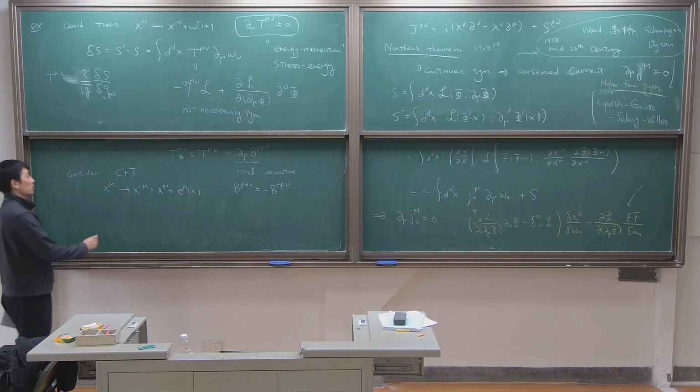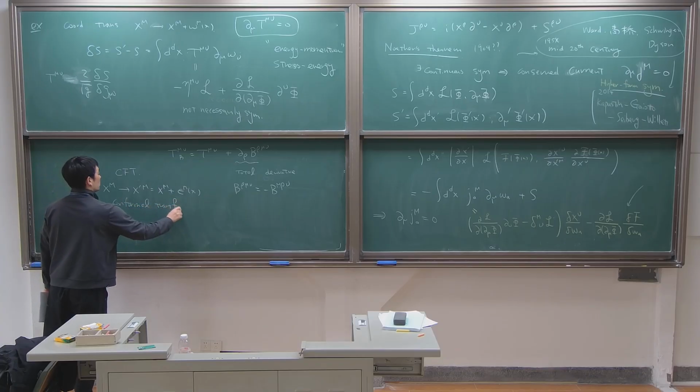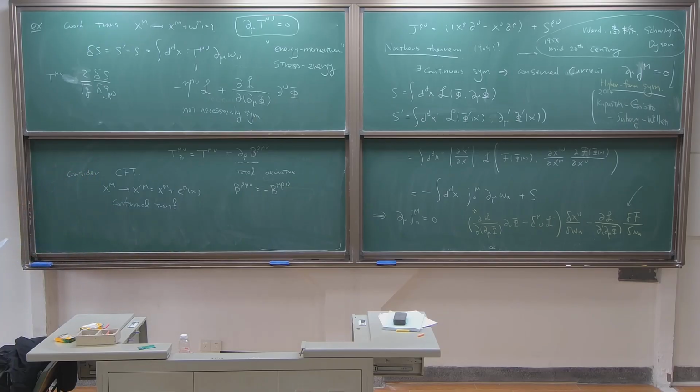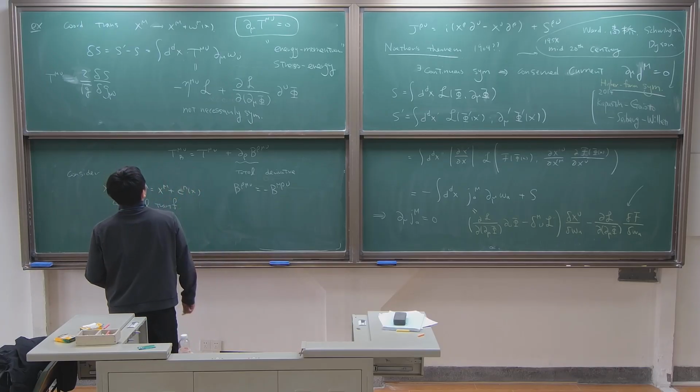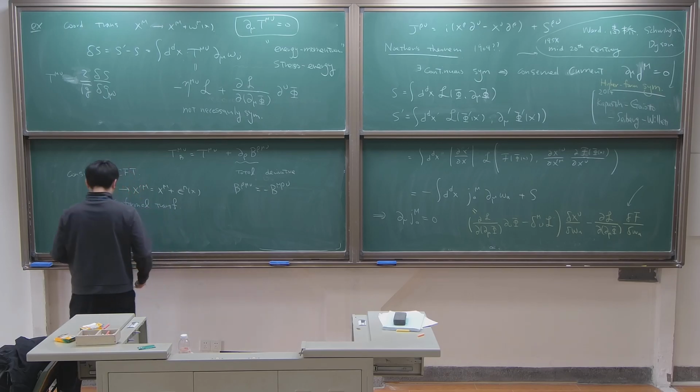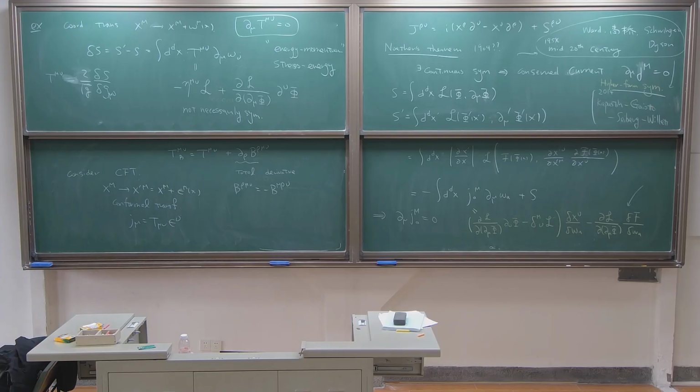So this is the conformal transformation. Then the current of this conformal transformation is T mu nu times epsilon nu. That's the current of the conformal transformation we consider.